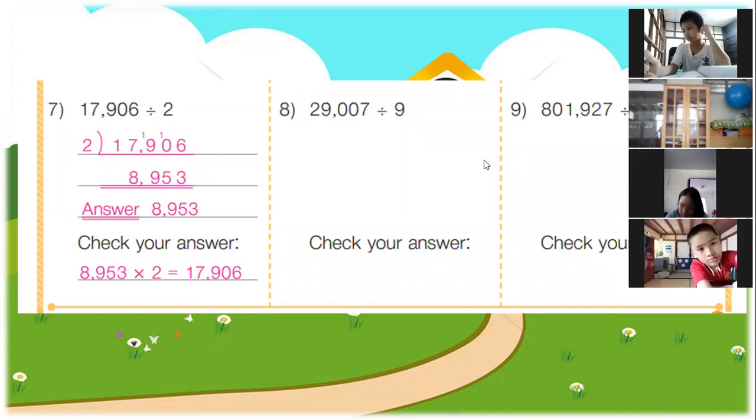Okay, similar like that. Question number 8. Who is going? Who has the answer? Can you answer question number 8? 29,007 divided by 9. 3,223.